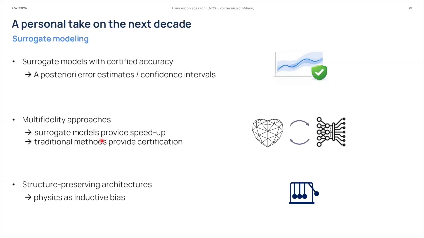And finally, I hope to see, and I think that there is room for, improving existing architectures by injecting more physics inside. I think that a key to better generalization is to exploit physics as an inductive bias, so directly in the architecture, rather than as a learning bias, as is more commonly done today.